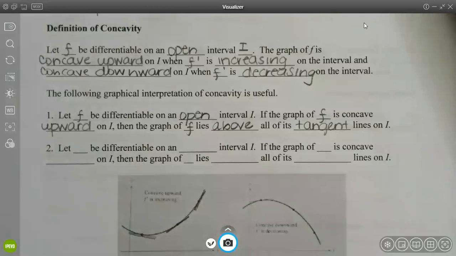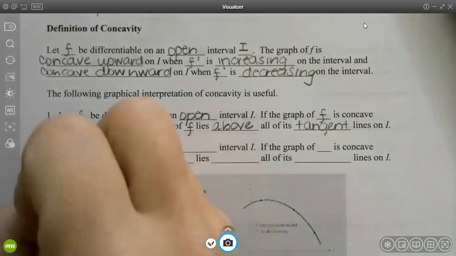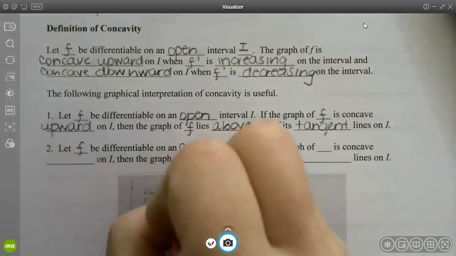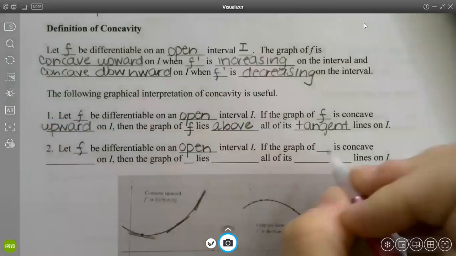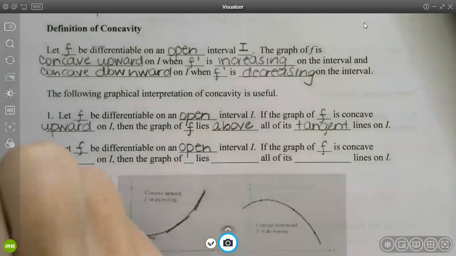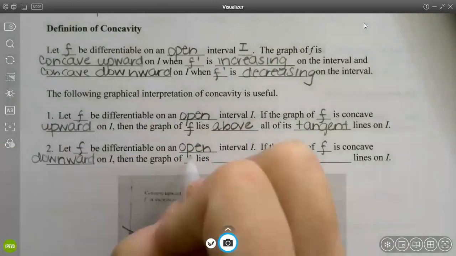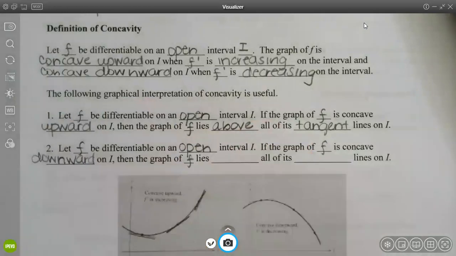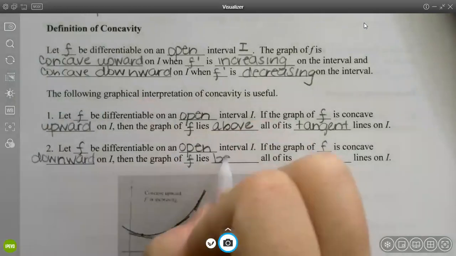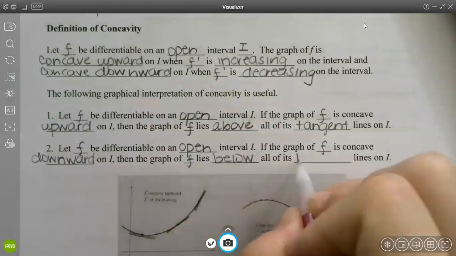So let f be differentiable on an open interval. If the graph of f is concave downward, then the graph of f lies below all of its tangent lines.